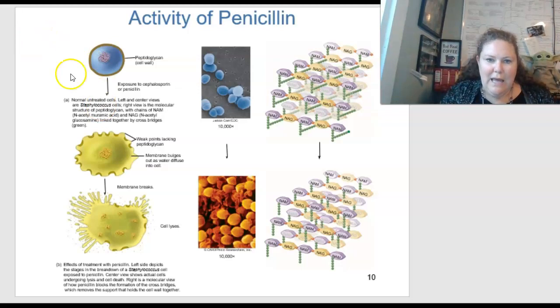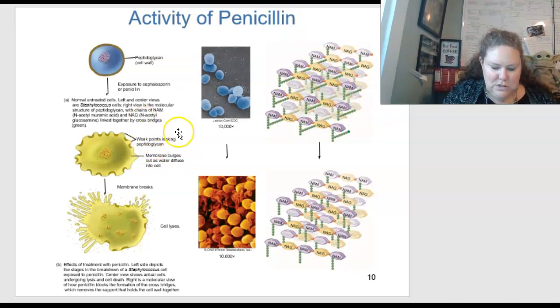And so in A, up here, this is a normal untreated cell. The left and center views are staphylococcus cells, and the right view is the molecular structure of peptidoglycan with chains of NAM, which is N-acetylmuramic acid, and NAG, which is N-acetylglucosamine. And these are linked together by cross bridges, okay? And you can see these here, and those little green guys are your cross linkages.